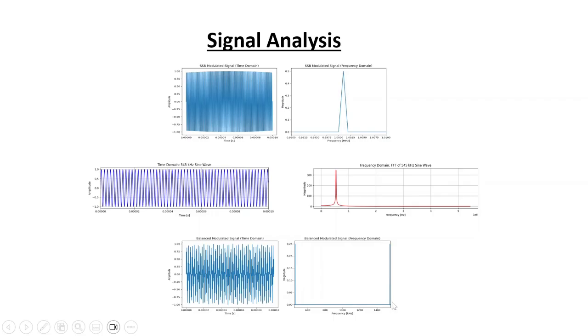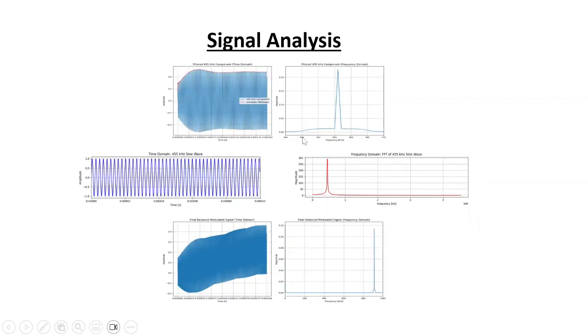One is around 2000 kilohertz, which is 2 megahertz, and the other is around 455 kilohertz. And after filtration, this is around 455 kilohertz.